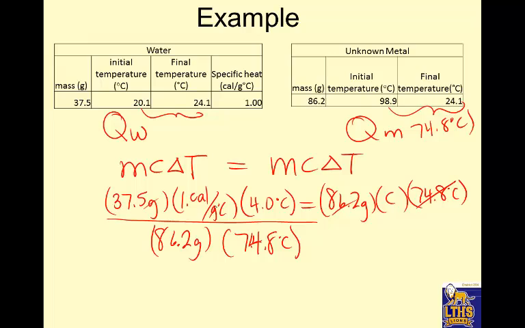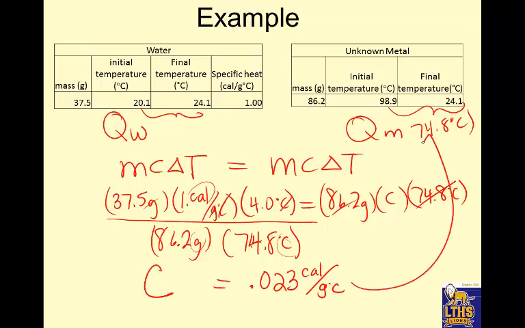Either way, one of the grams cancels. One of the Celsius cancels, and we're left with calories per gram degrees Celsius. So if you multiply that, divide by that, you get 0.023 calories per gram degree Celsius. What does this represent? It represents the specific heat of this metal.